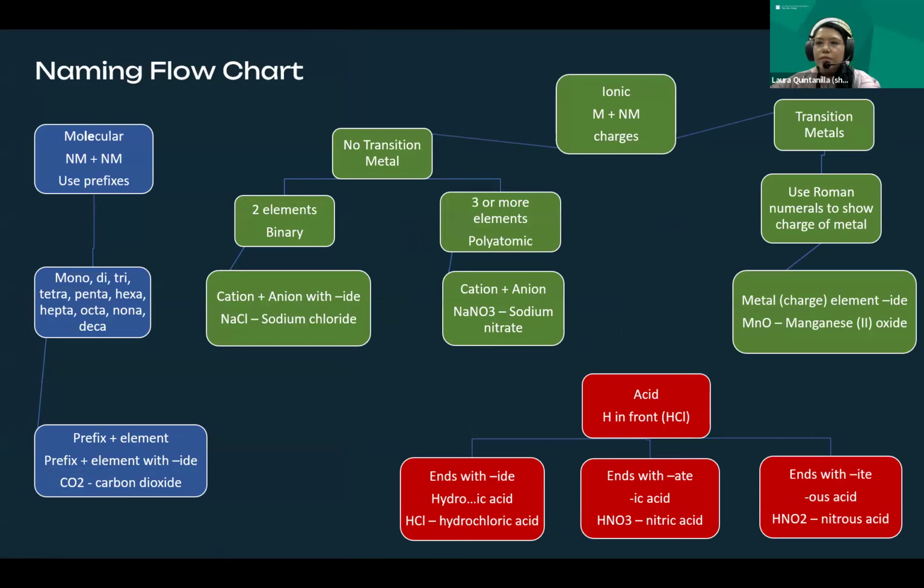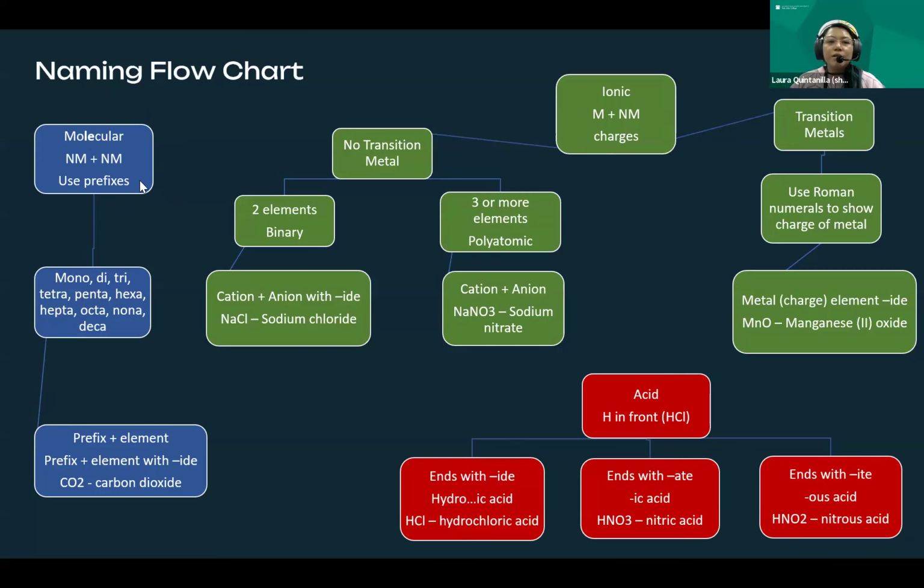Okay. So here I've created a little flow chart of how naming works. For the most part, it's just going to fall into three different categories: it's either molecular, ionic, or an acid. This is just to help you organize what it looks like when you're actually figuring out what you're looking at.